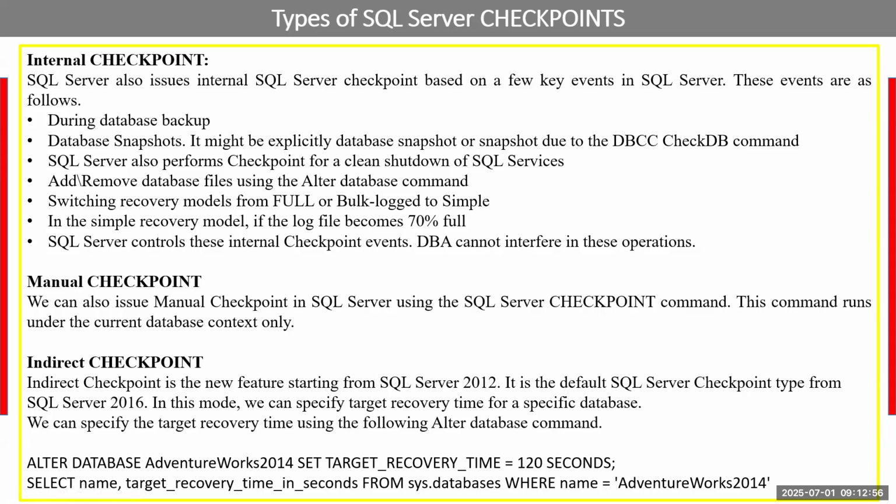As of now, what you need to understand is that there is a concept called internal checkpoint, which triggers when you are doing operations like backups, altering the database, snapshots, shutting down the SQL Server, or switching recovery models. What it is doing, I will talk about in those respective concepts, so that you can understand.